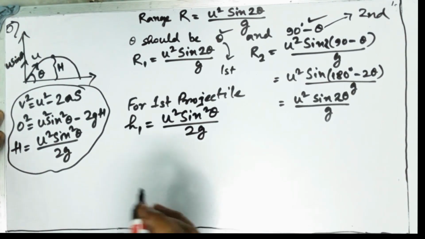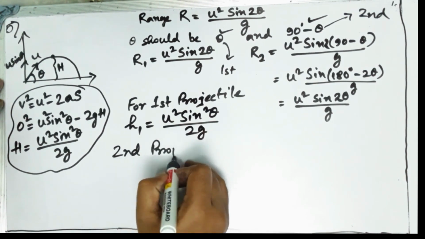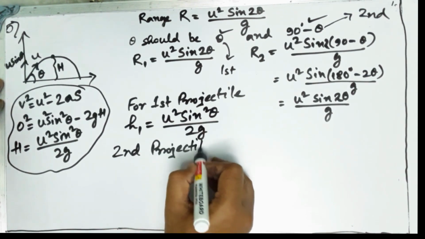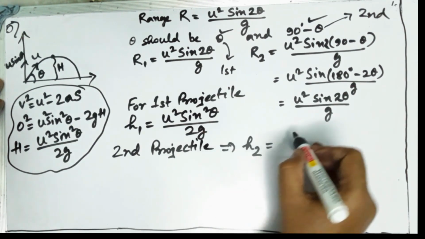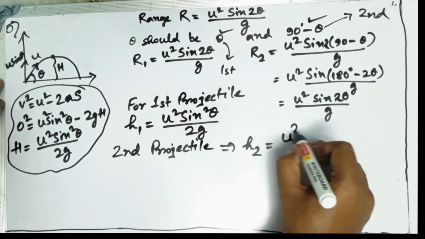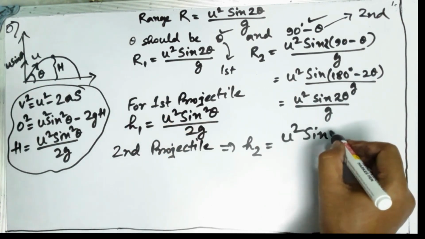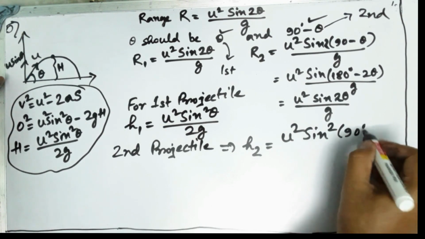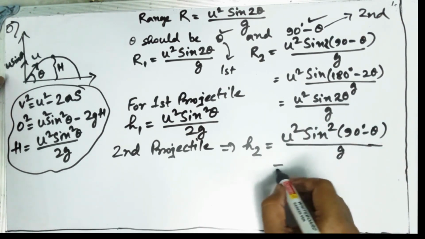And for the second projectile, the maximum height is h2, and how can you calculate it? u square, and now the angle is 90 degree minus theta, so sine square 90 degree minus theta by 2g.